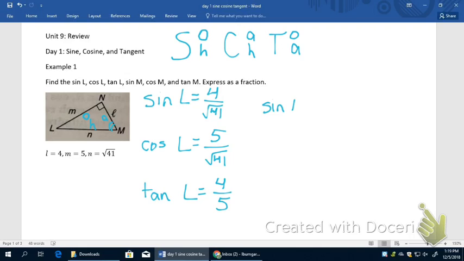The sine of M would be opposite over hypotenuse. That would be M divided by N, and that's going to be 5 over root 41. For my cosine of M, it's going to be equal to adjacent over hypotenuse. Now adjacent is L, so 4 over root 41.